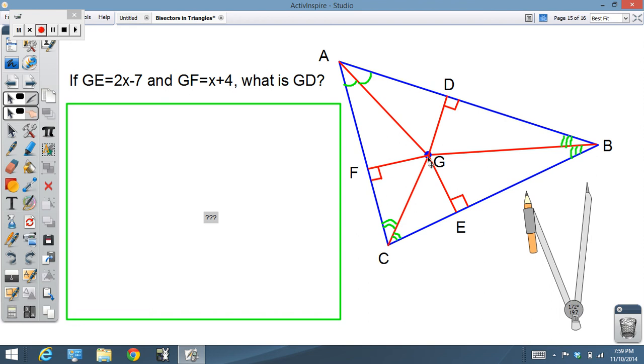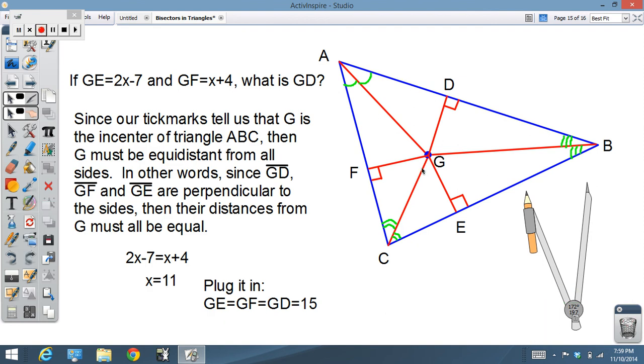And what that means is that point G is an incenter and is perfectly equidistant from each of the three sides. Since GF, GE, and GD are defined to be the distance to the sides because they are perpendicular distances, we know that all three of these lengths must be the same. GD, GF, and GE, their distances from G must all be equal.